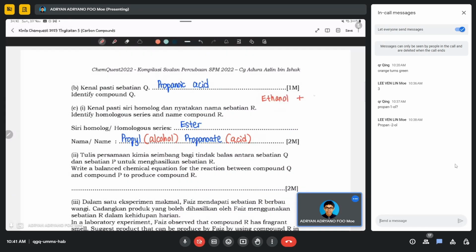And I add pentanoic acid. I will give these two.